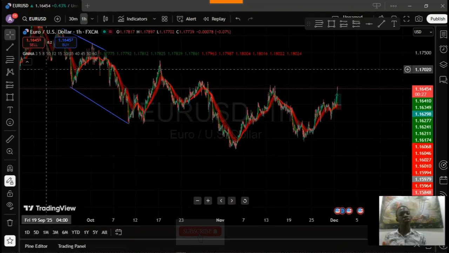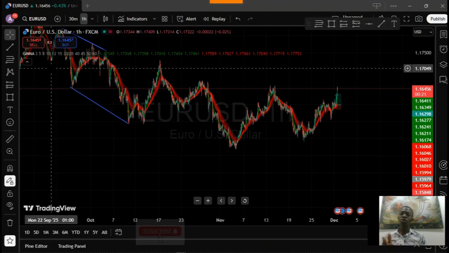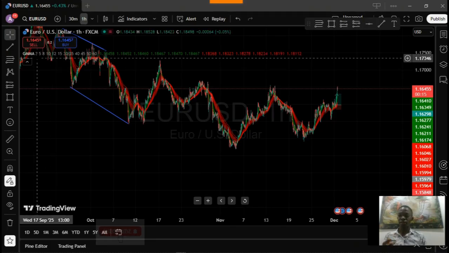The EMA follows the price action. EMA is just the opposite of SMA. The GMMA was also created using the EMA, so it follows price direction.